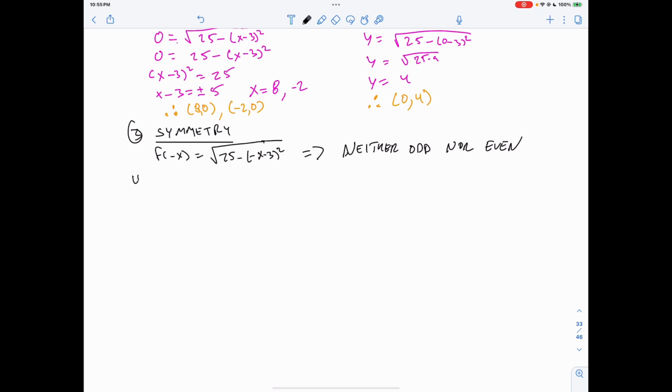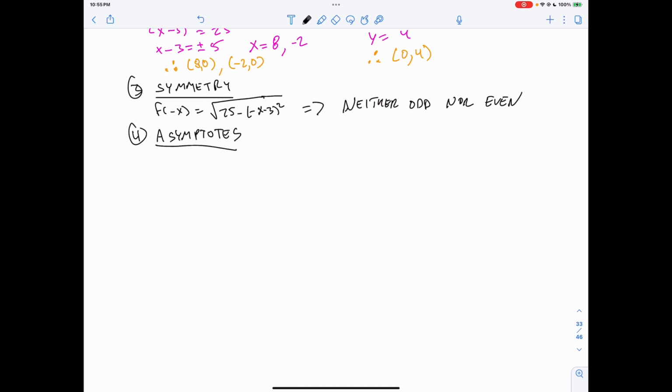For step 4, for asymptotes, for the vertical asymptote, I don't have a denominator here. There are no vertical asymptotes.